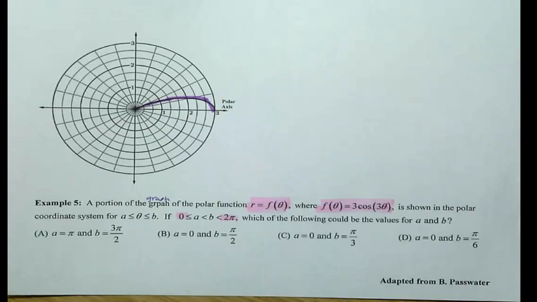We know that if it's cosine, then it's going to be symmetric. Remember from the first page, if it's cosine, it's symmetric with respect to the pole axis, all things that you could use.